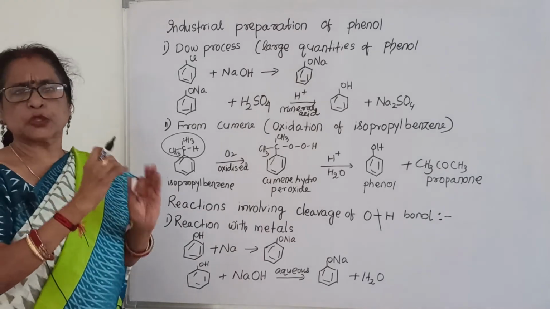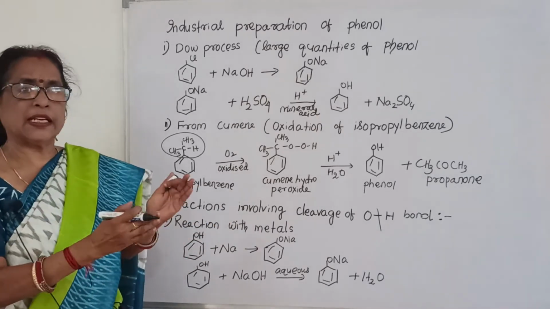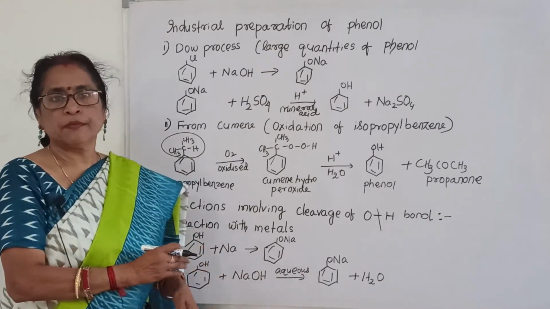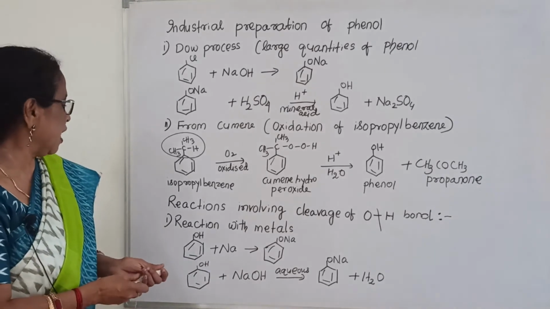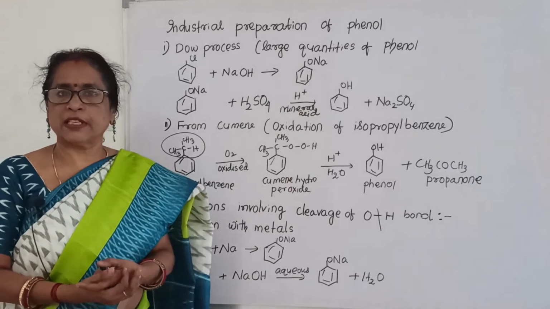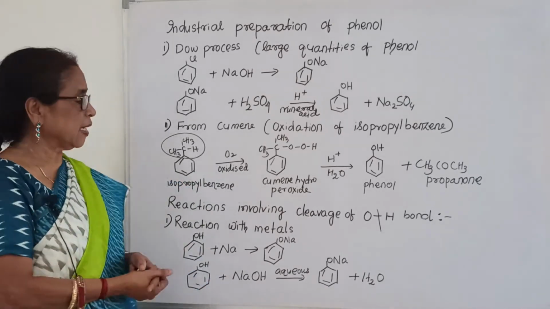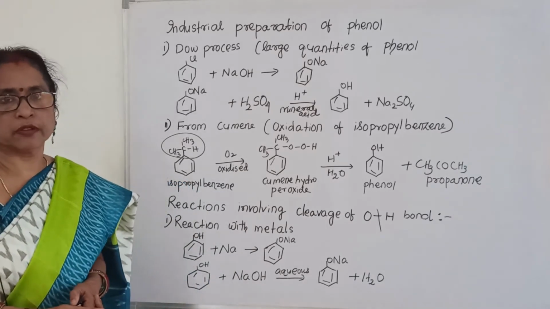When a metal, generally sodium metal, reacts with phenol, it gives sodium phenoxide. Similarly, when it reacts with sodium hydroxide, it gives sodium phenoxide and water. Here I have started reactions involving cleavage of the OH bond, and after that we will see the reactions involving the breakage of the CO bond.